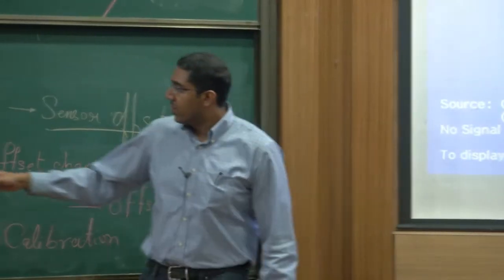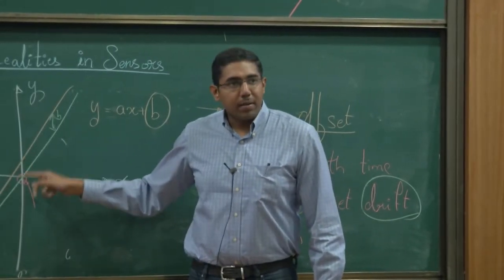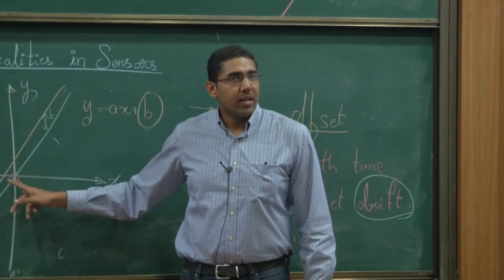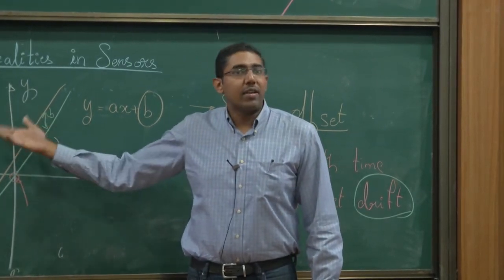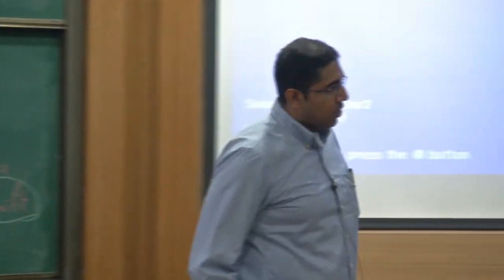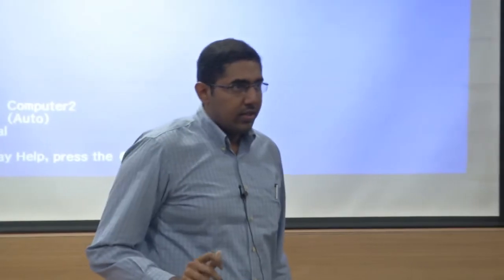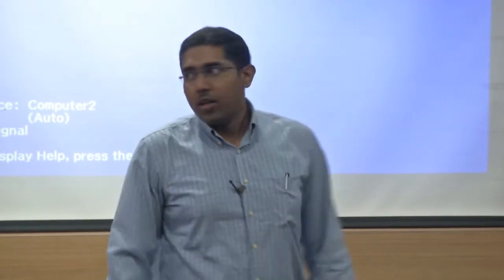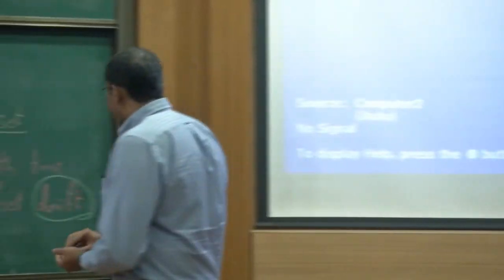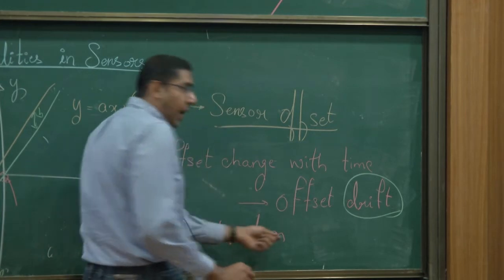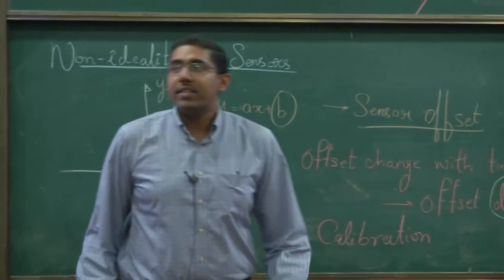And once that value has changed, you can subtract it, but that's a wrong subtraction, and it will give an error output which does not represent an ideal sensor. Is that clear? So offset drift is an important problem which even calibration cannot easily solve.